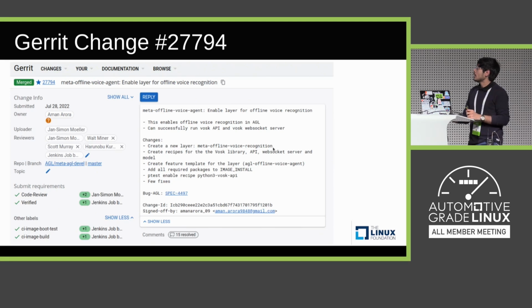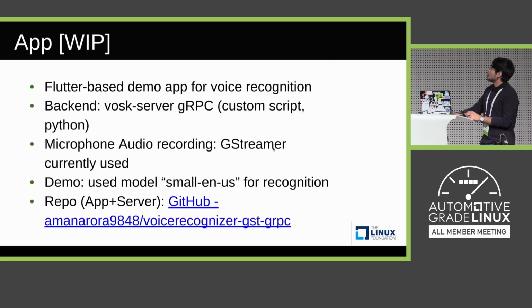The scripts are running, but the thing is, do we have an application? Well, it's in progress. There's already a very simple demo application created. The backend that I used is a custom script that I wrote in Python.